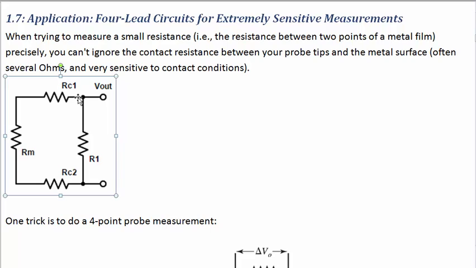Just because you've got probes in the multimeter and you have to connect them somehow. Whenever you connect them, there's a couple of ohms, maybe half an ohm to 2 or 3 ohms in contact resistance. And if that's significant compared to the resistance you're trying to measure, you're not going to be able to measure it right. The contact resistance is very sensitive to what the contact area is between the two terminals.